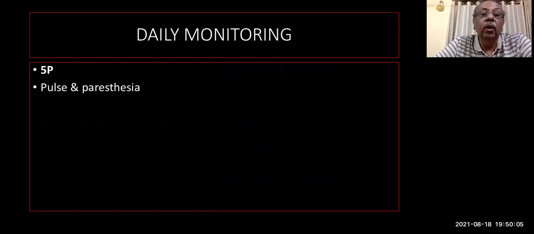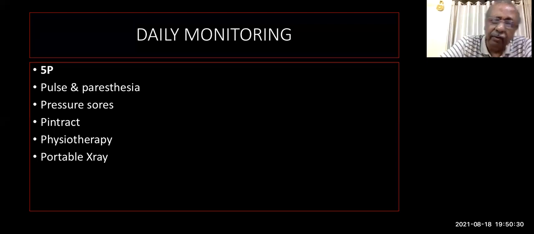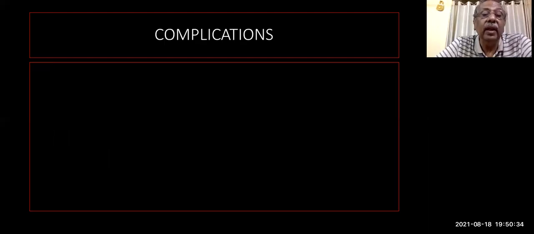You look for distal pulsation if possible, and ask the patient regarding paresthesia, pressure sores, pin tract, physiotherapy. And if you are planning to treat it by portable X-ray, it was previously treated like that. Portable X-ray was necessary for monitoring the reduction, but nowadays every fracture shaft of femur is treated surgically, and therefore this indication is not there.